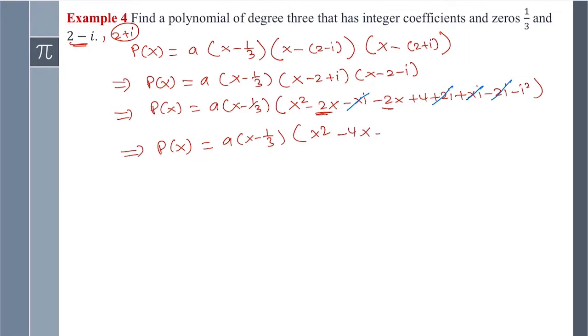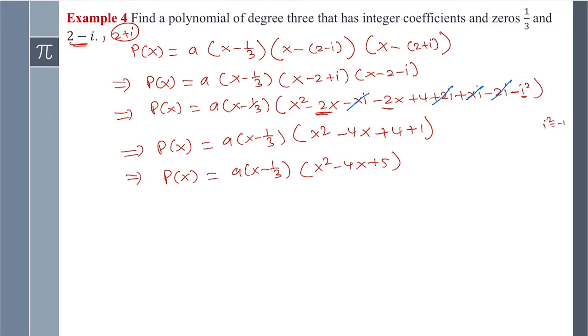Then we have 4. Now i squared is negative 1, and then we have a negative sign here that gives us plus 1. So this becomes p of x equals a times x minus 1/3, then x squared minus 4x plus 5.